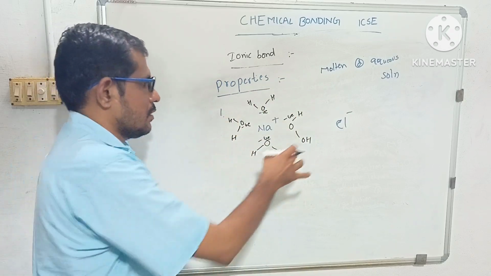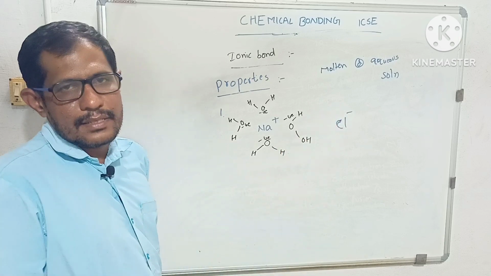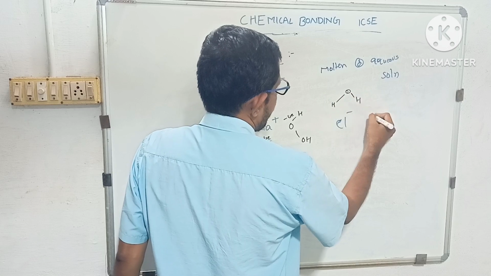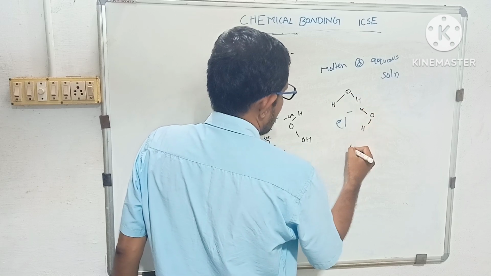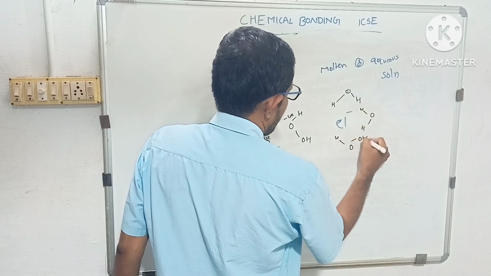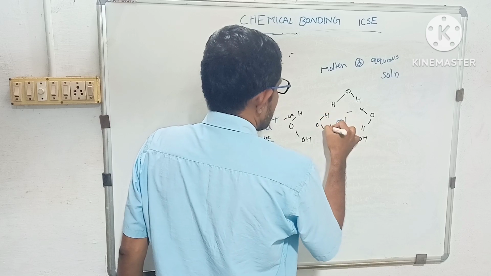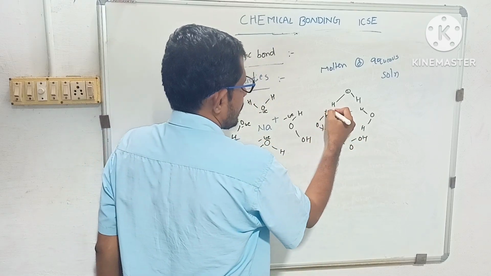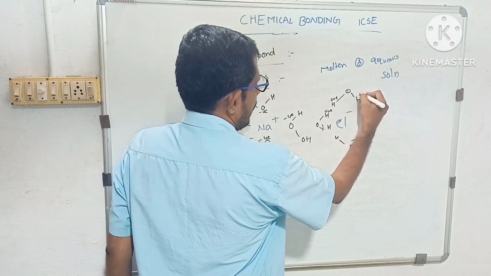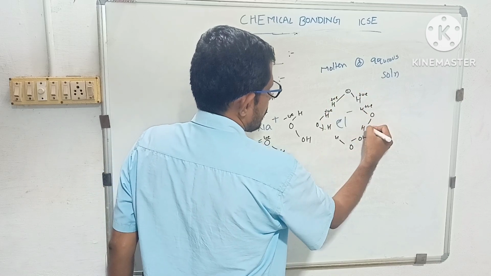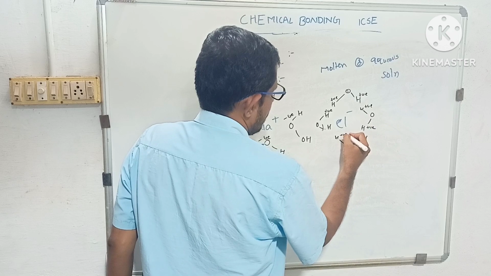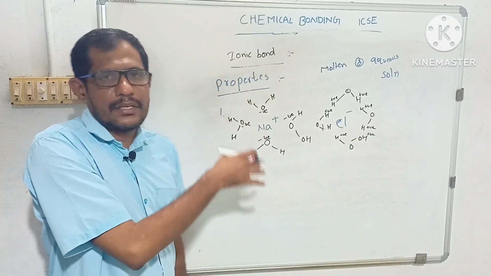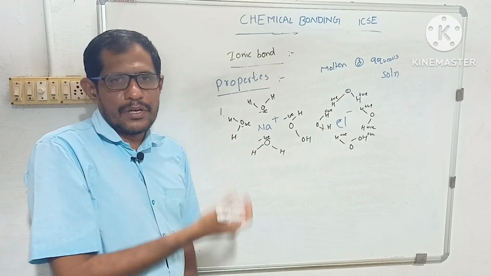Cl is a negative charge, so generally hydrogens surround Cl minus ions. Hydrogen will get partial positive charge. In such a way, these ionic compounds are soluble in water.